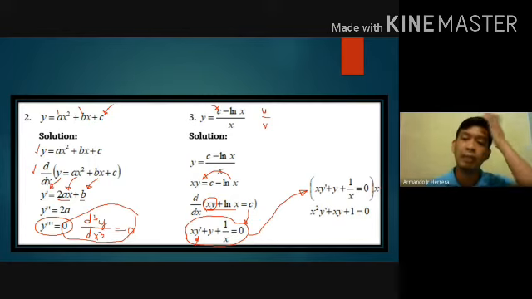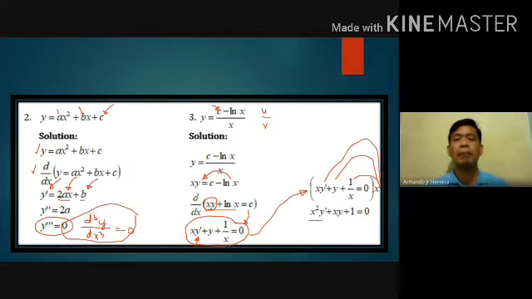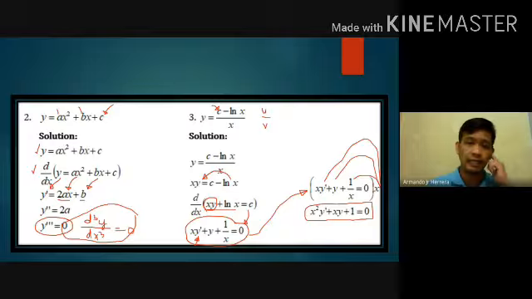So if you multiply this all by x, i-distribute natin yung x in each of the terms na nasa loob. So magiging x squared y prime plus xy plus 1 is equal to 0. So this ang ating magiging sagot.